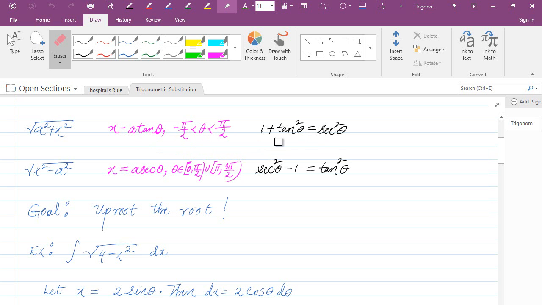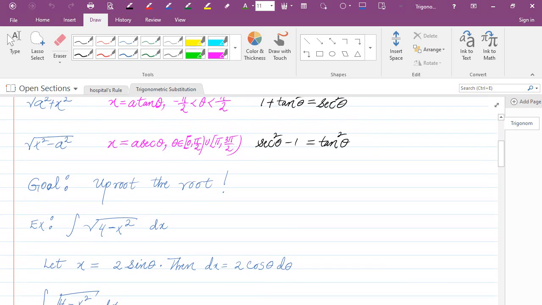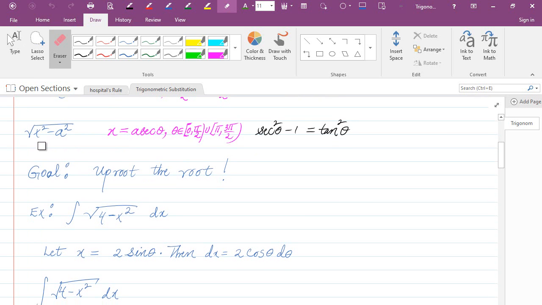And the identity that we need to use when we make this substitution is 1 plus tangent squared of theta is equal to secant squared of theta. And lastly, if I have a factor root of x squared minus a squared in the integrand, then we would take x to be a secant of theta. In this case, theta is restricted to be in the interval from 0 to pi over 2 or from pi to 3 pi over 2.